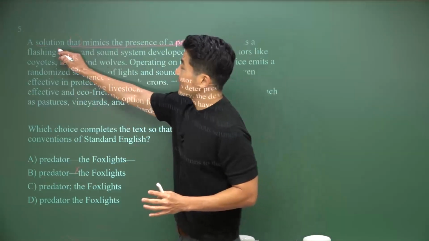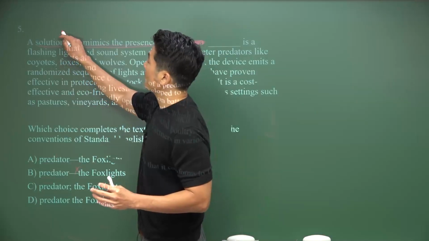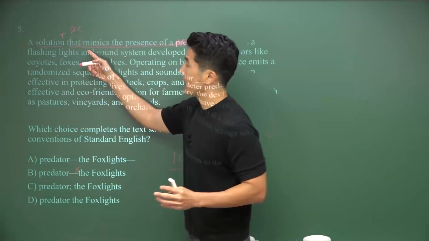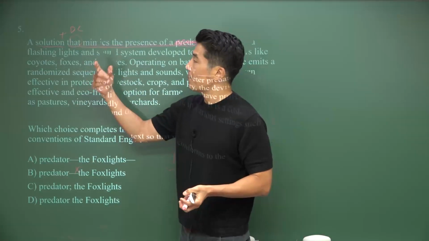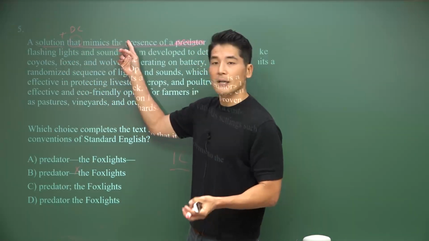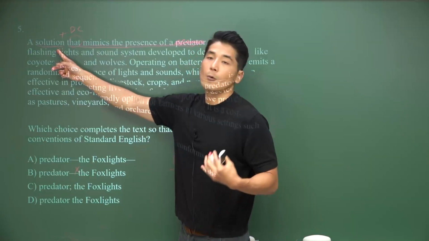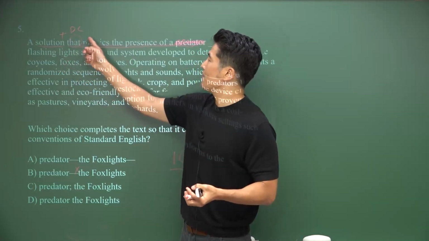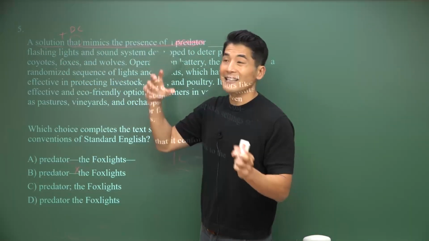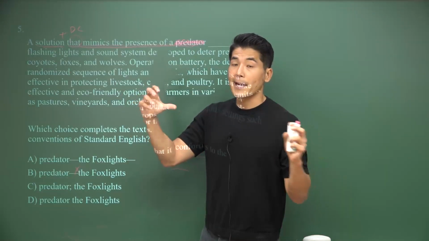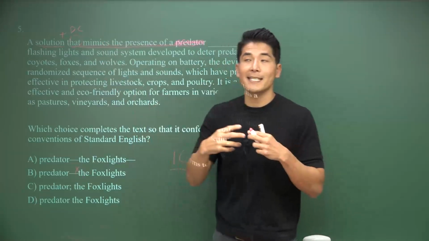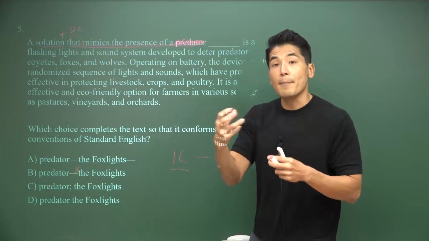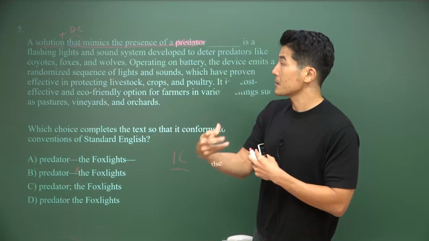This is a noun, a solution, combined with a dependent clause to make a longer subject. It's like me saying, "the book that was given by my grandmother." Which solution? The solution that mimics the presence of a predator. That's not a complete sentence. It's just one long subject. This information is missing a main verb to make it a complete sentence.